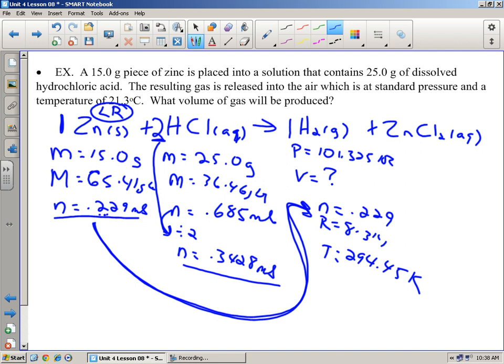We're going to take N times R times T, and we're going to divide it by 101.325, and we get 5.54 liters as your final answer, 3 significant digits again. Okay?